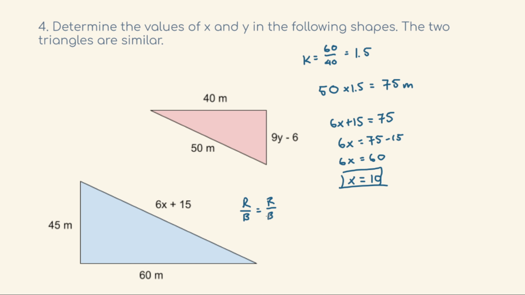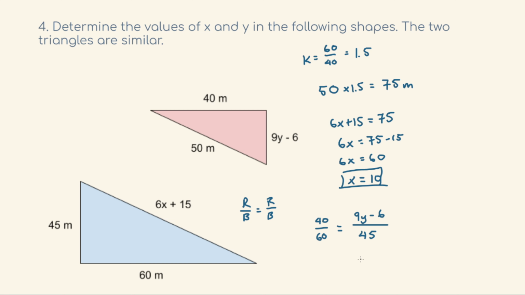So we've got 40 over 60, red over blue, and is equal to the side I want to look at for my red, right here, this side with the y. So that's going to be 9y minus 6 divided by this 45.